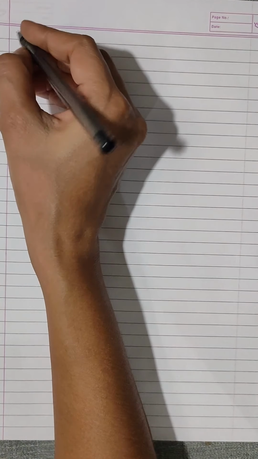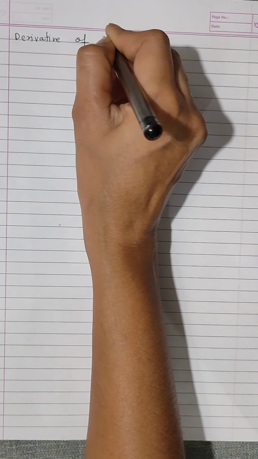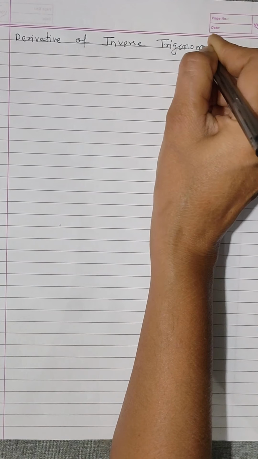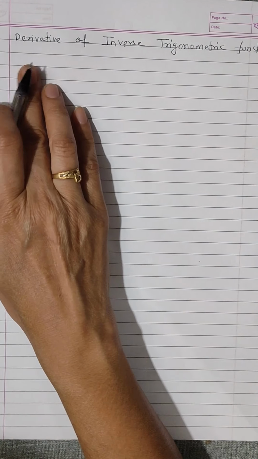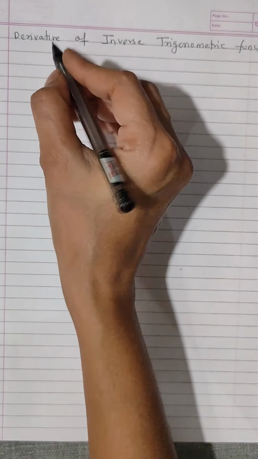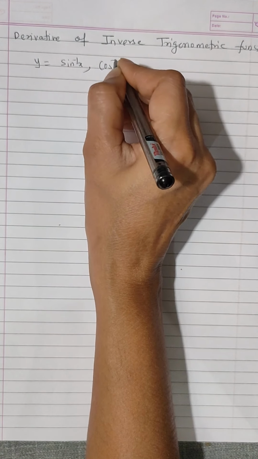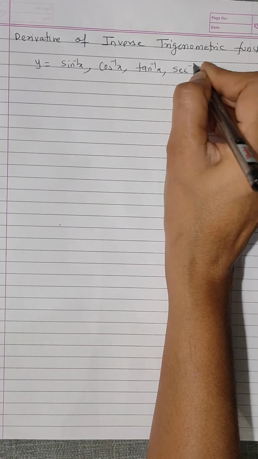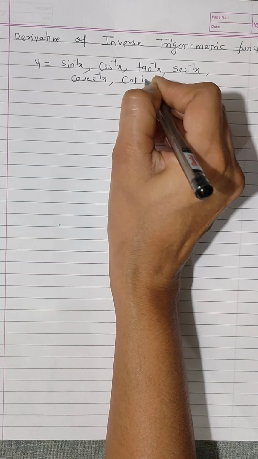Now students, our actual topic is the derivative of inverse trigonometric functions. The inverse trigonometric functions are y equal to sin inverse x, cos inverse x, tan inverse x, sec inverse x, cosec inverse x, and cot inverse x.